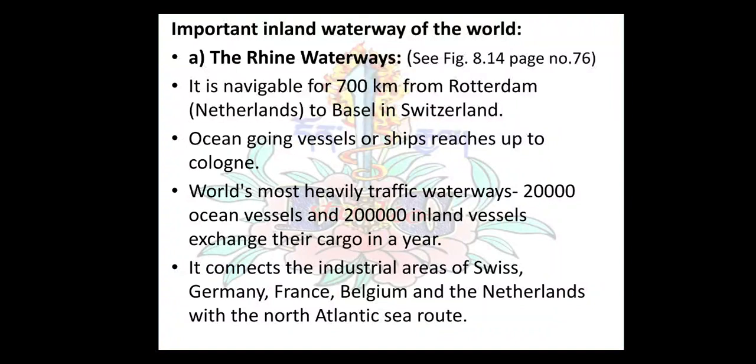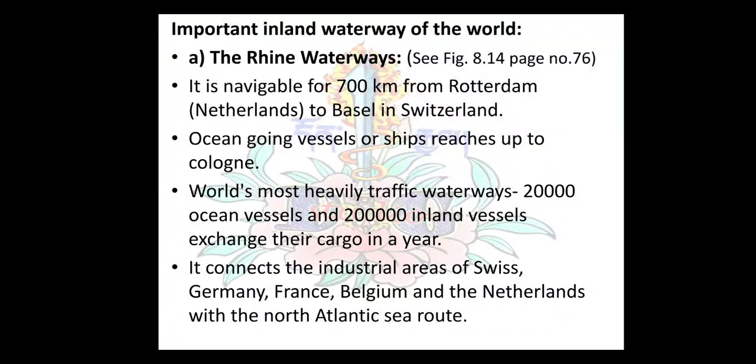It is the world's most heavily trafficked waterway. Yearly, 20,000 ocean vessels, that means big ships, and 2 lakh small ships are moving on that particular river, the Rhine waterway.